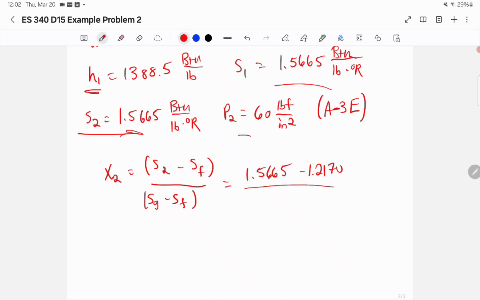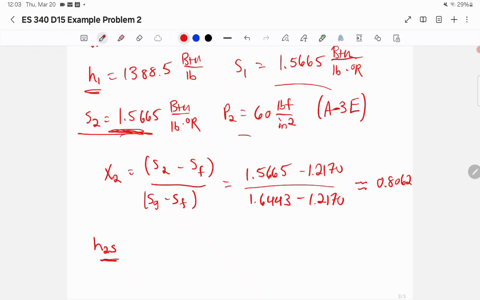My SG is 1.6443 minus 1.2170, so that's my SF in that case. Again, which approximately comes out to be 0.8062. That's my quality.